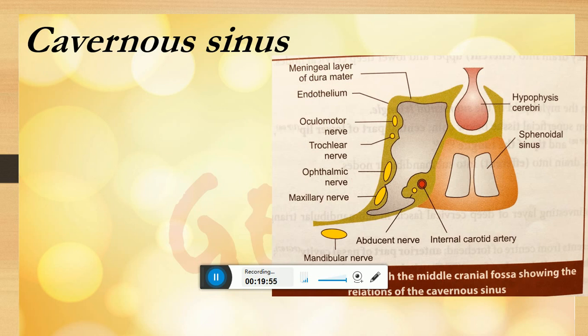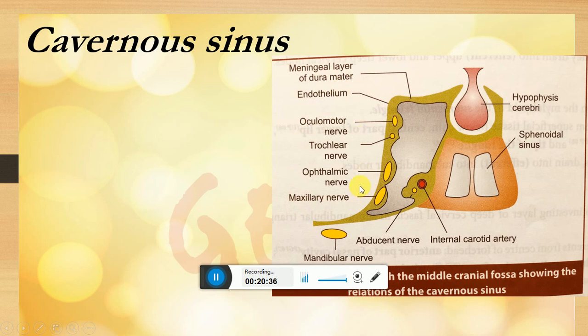In the lateral wall of the sinus we have the oculomotor nerve, trochlear nerve, ophthalmic nerve and maxillary nerve, and also the trigeminal ganglion. These are the 3rd, 4th and 5th cranial nerves basically.